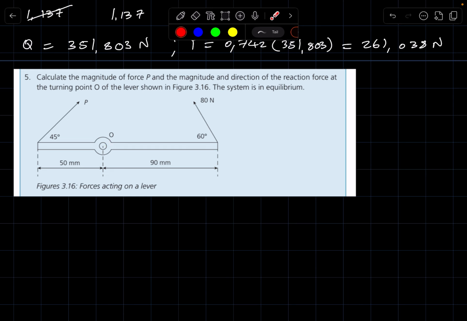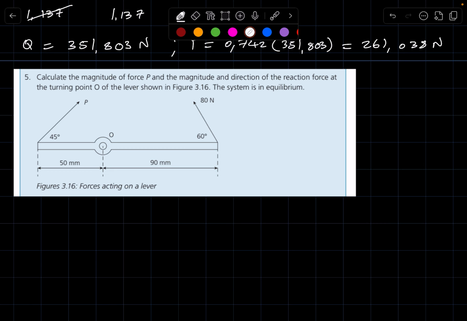And like I said, because both forces are oblique, the reaction force here at point O, having to support the two oblique forces, suggests that it is also oblique.